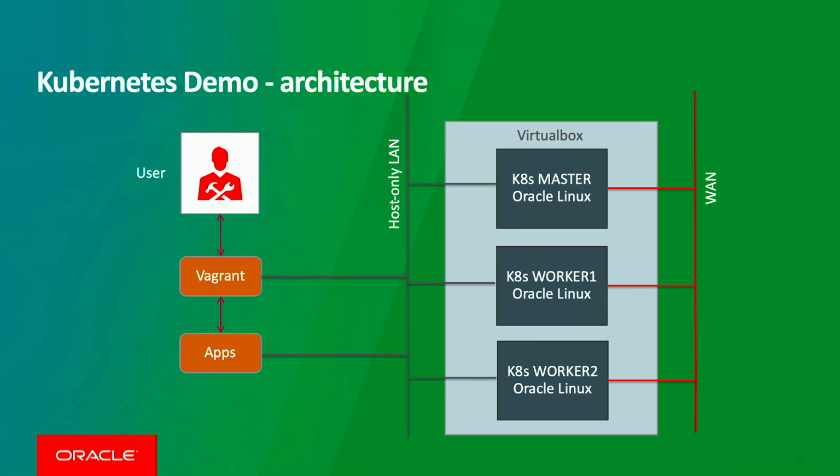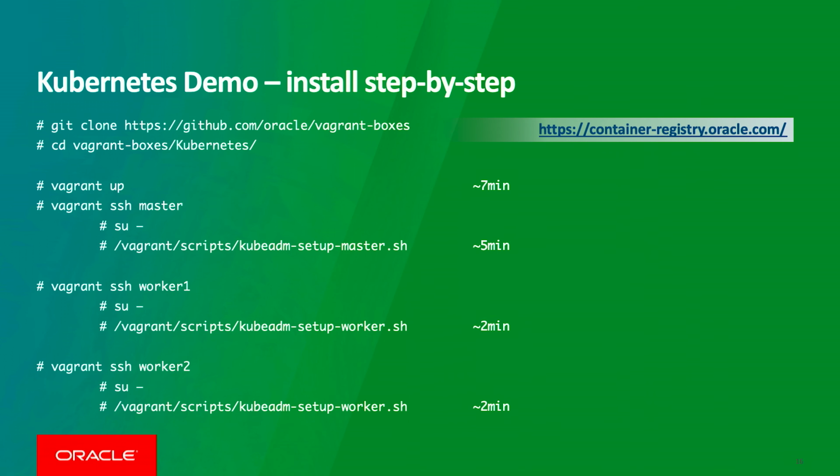Here in the demo station, we have a little Kubernetes demo architecture. We use Vagrant and VirtualBox and the Vagrant boxes from Oracle from GitHub to deploy a little 3-node Kubernetes cluster in VirtualBox. And it's really easy to set up. You clone the files from GitHub.